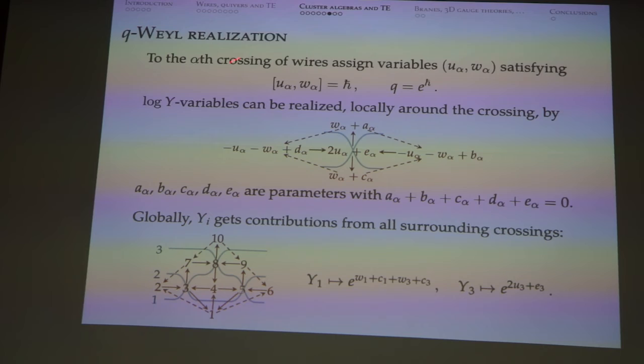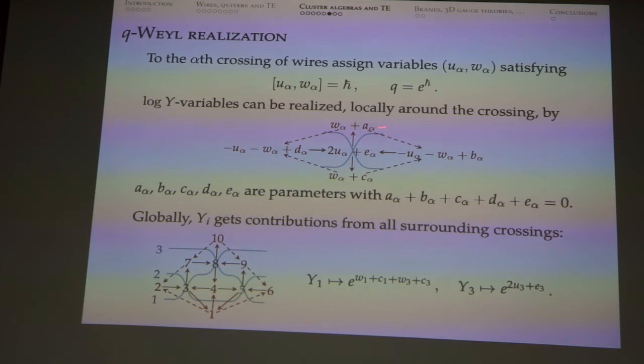They satisfy this Heisenberg relation, with H bar. And I set Q equals e to the H bar. Okay? And then to each of these vertices, I assign some combinations of U and W and some parameters. These are all commuting parameters in this way.